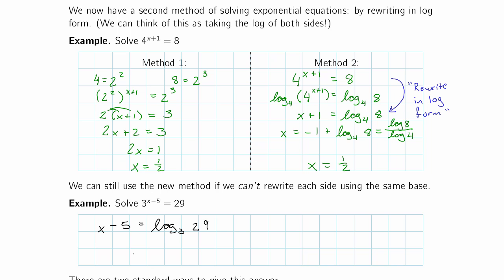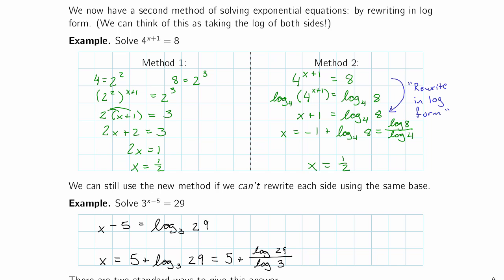Add 5 to both sides, and that gives us x equals 5 plus the log base 3 of 29. Or, in terms of the common log, 5 plus the log of 29 over the log of 3.